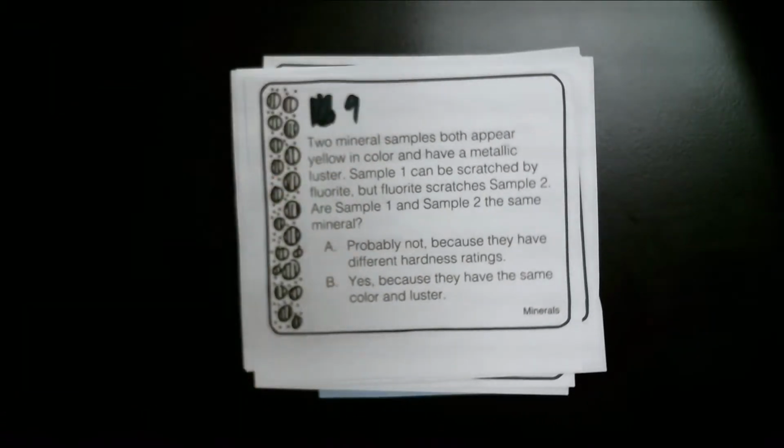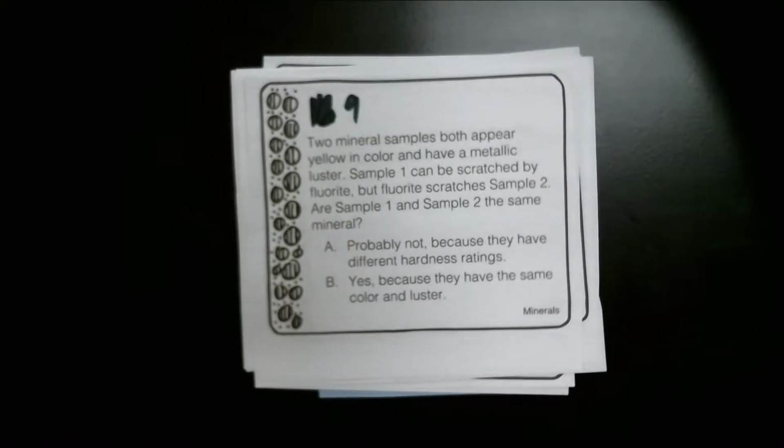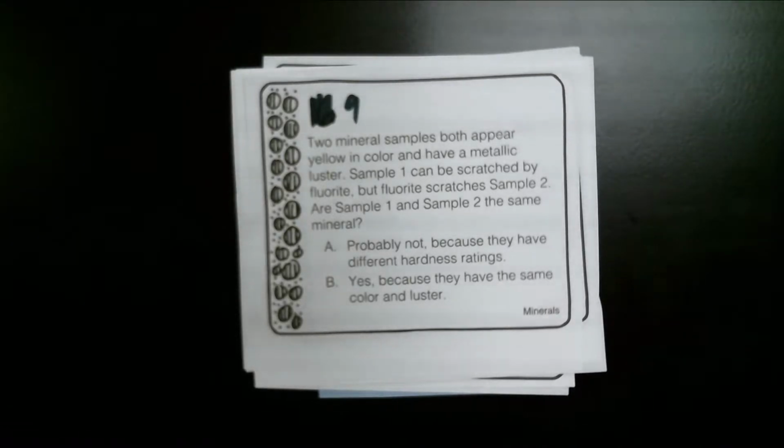Two mineral samples both appear yellow in color and have a metallic luster. Sample 1 can be scratched by fluorite, but fluorite scratches sample 2. Are sample 1 and sample 2 the same mineral?